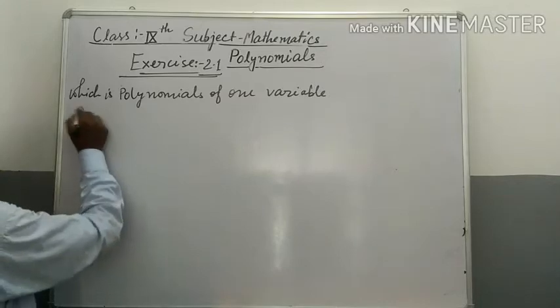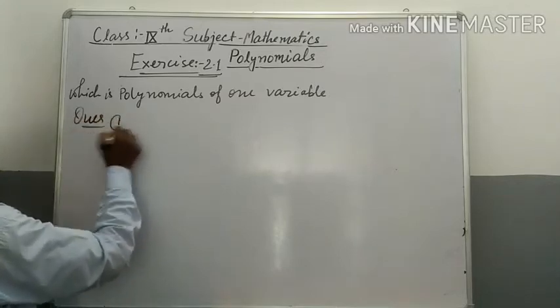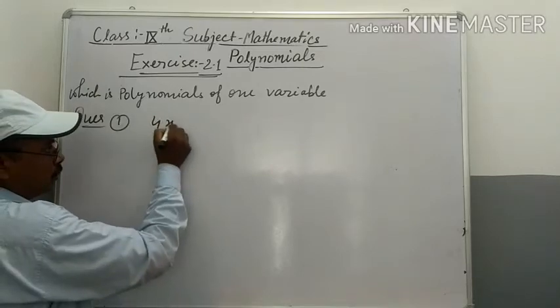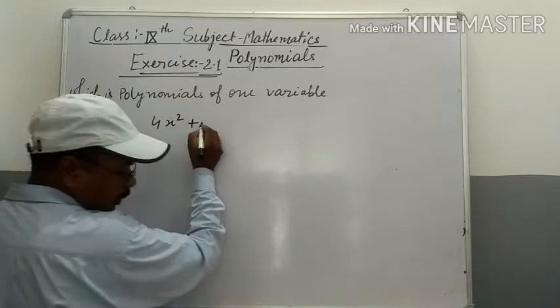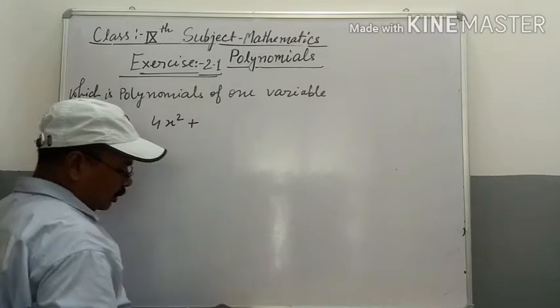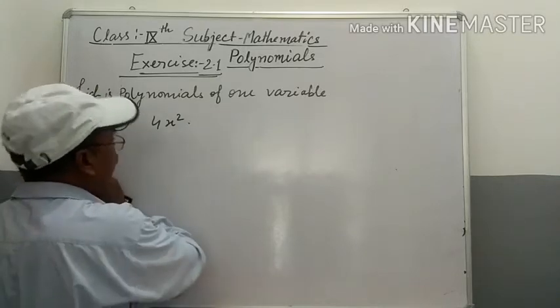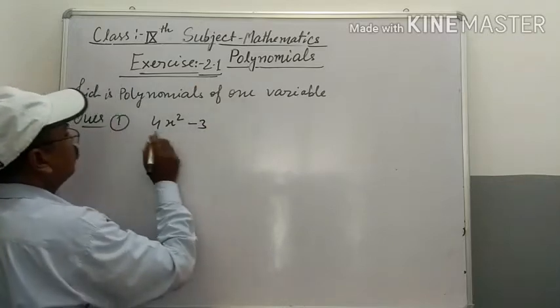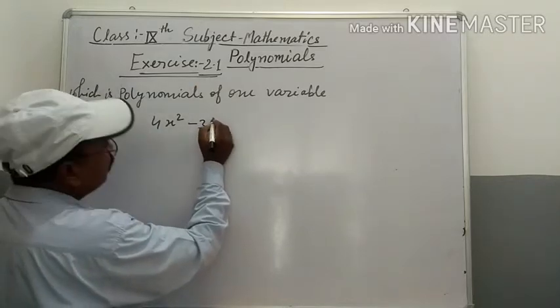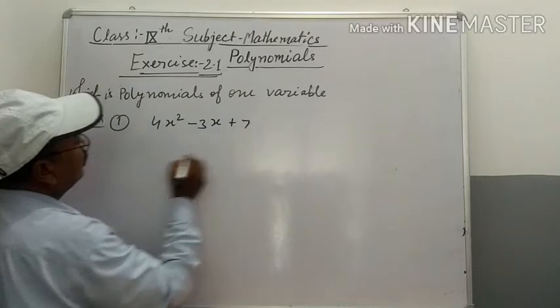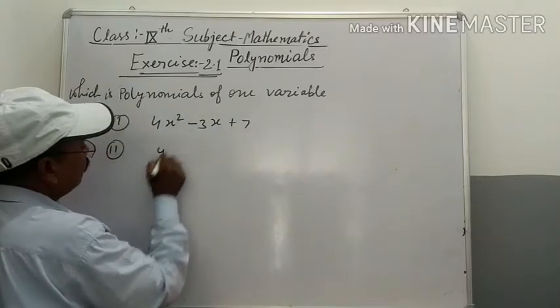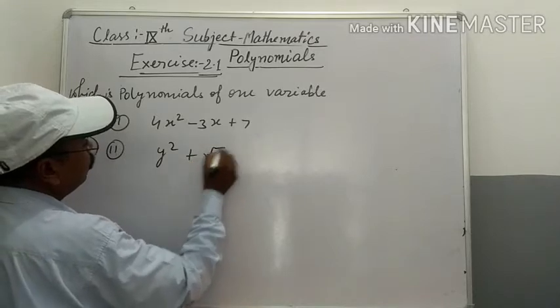For example, students, question number 1. Here given, students, 4x square minus 3x plus 7. This is NCERT 2.1, question number 1. Second one, students, y square plus under root 2.